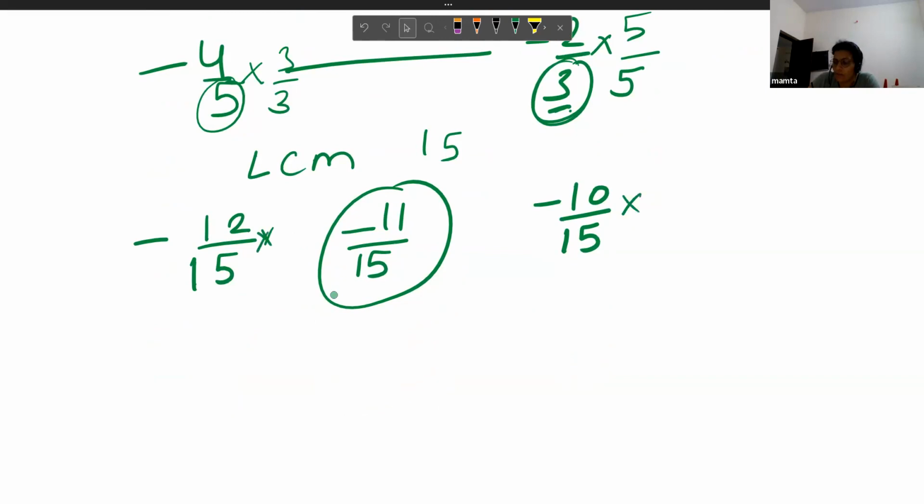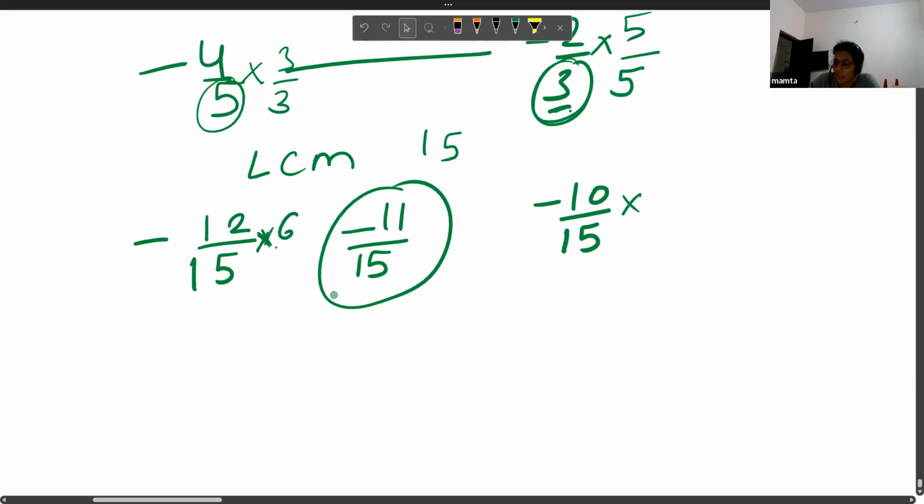You can divide with any number. Let's say if I divide with 2, better to divide with the smaller number.